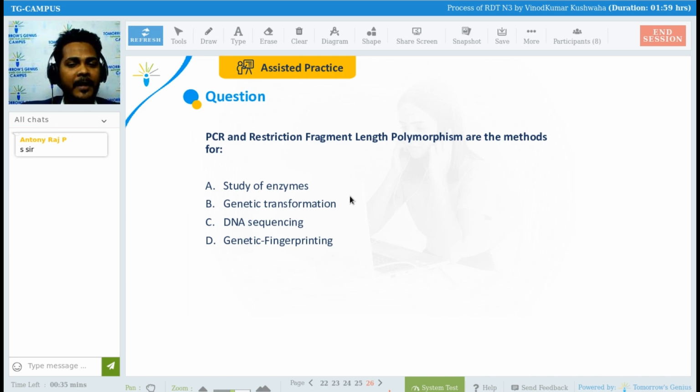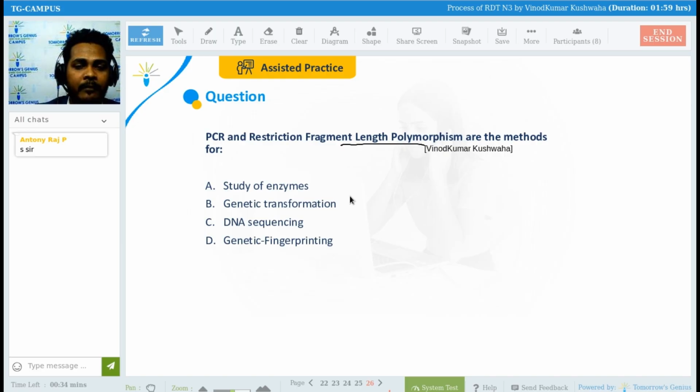See, I know RFLP is new for you. RFLP is restriction fragment length polymorphism, and PCR we just studied. PCR is polymerase chain reaction, which is basically used to multiply the desired DNA, right? And in restriction fragment length polymorphism, the name itself, length polymorphism, means it is going to separate the DNA according to their length.